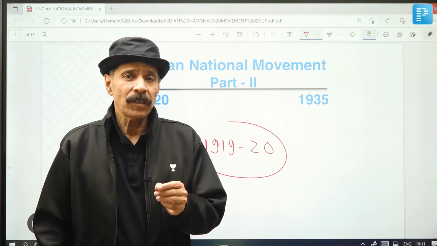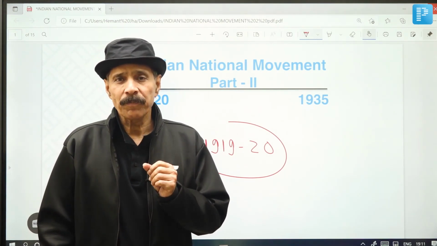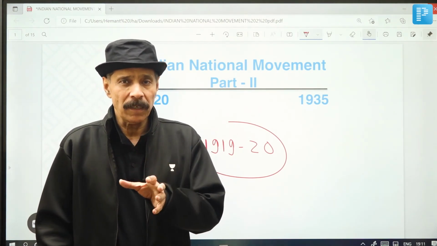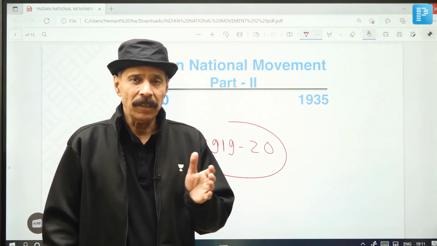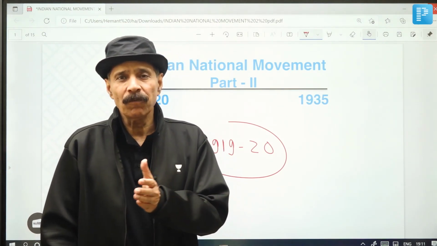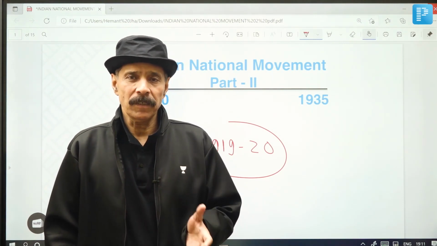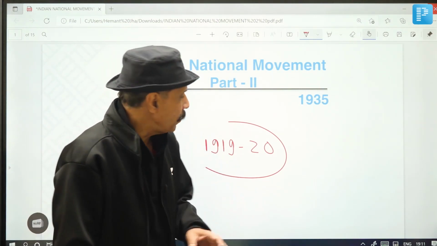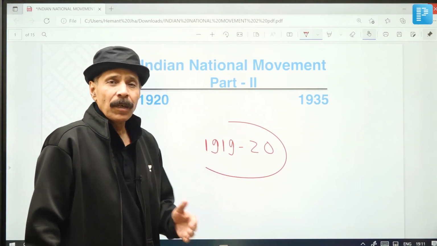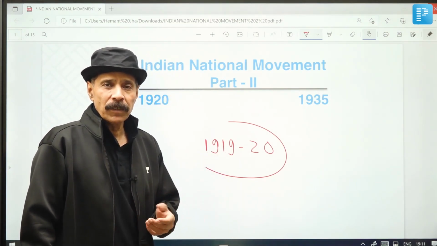So this information is also important for you. You should have this broad idea that the Indian National Movement 1885 to 1947 is divided into three broad phases, and the year 1919-20 marked the beginning of a new phase.